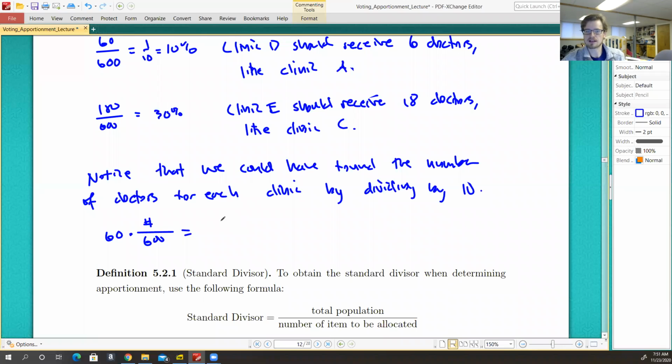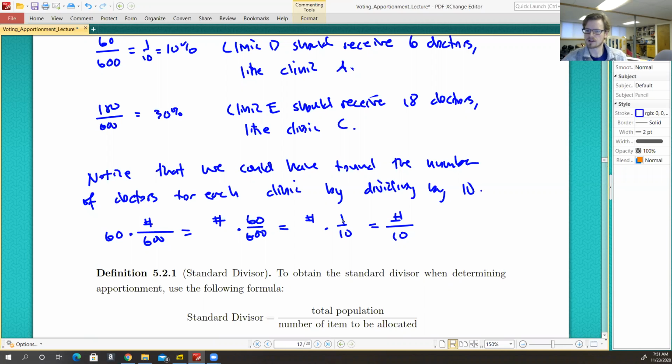Well, that's the same thing as taking the number of patients seen each week and multiplying it by 60 over 600, which, if we simplify it a little bit, would be multiplying by 1/10, or simply taking that number and dividing it by 10.